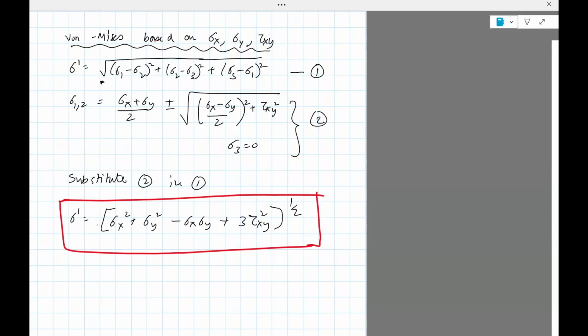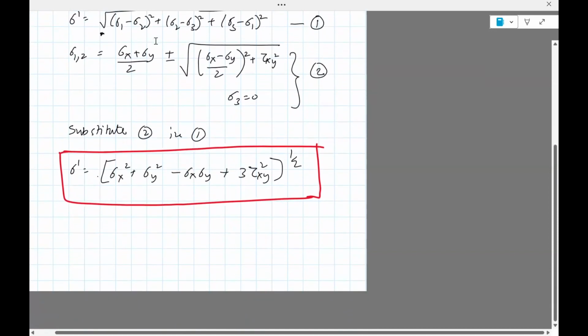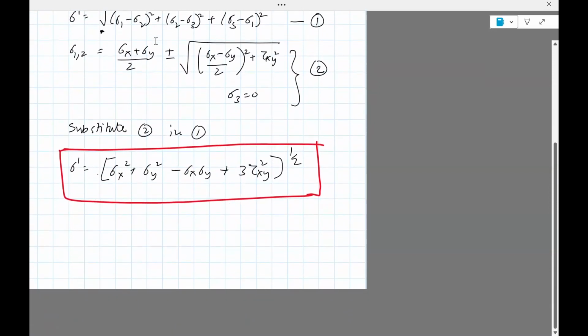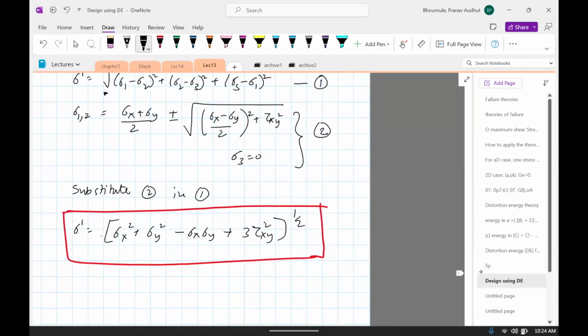Okay, now what we have talked about so far with DE is only looking at experiments involving tensile tests. What if you use DE for shear experiments? So we could also use DE for shear.